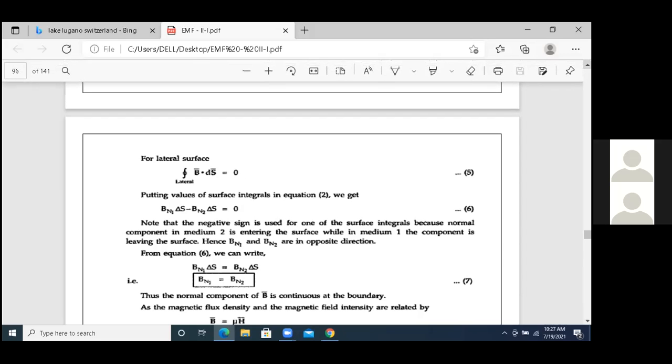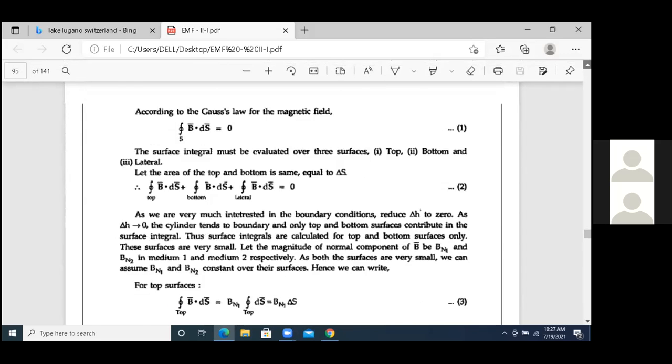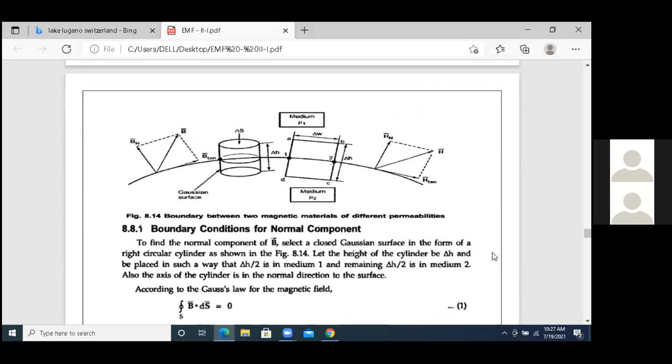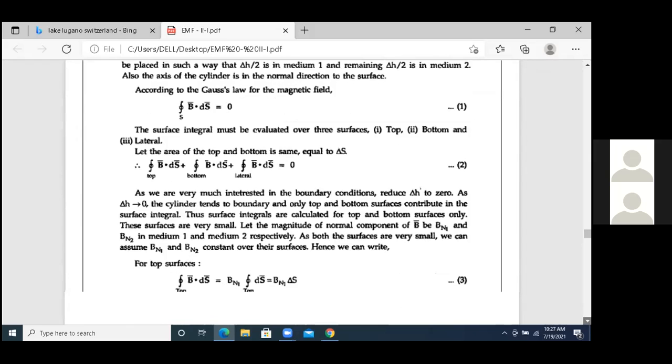What that means, if we go back to this, if the magnetic field is going this way, that means this would be entering the surface and this would be leaving the surface. So one is negative, one is positive.